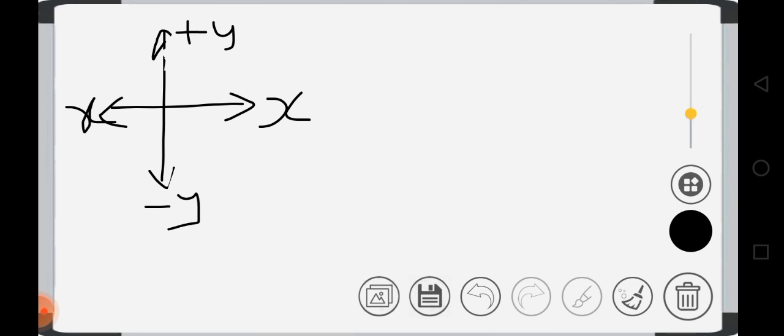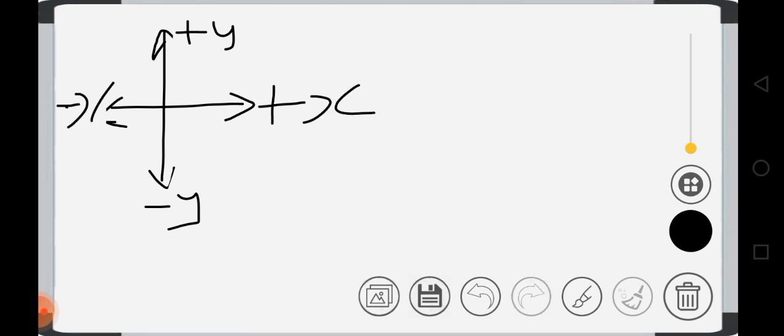The same thing with X. This side is positive X, while this other side is negative X. Any force going to the left-hand side will be negative in the X component.